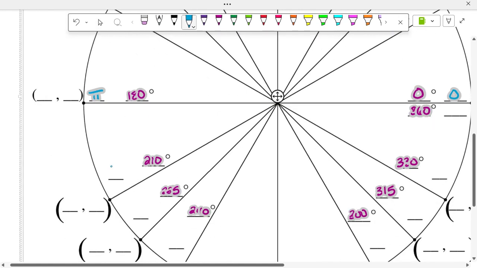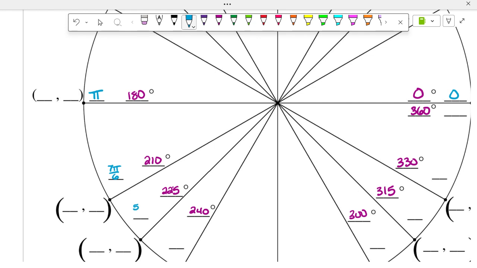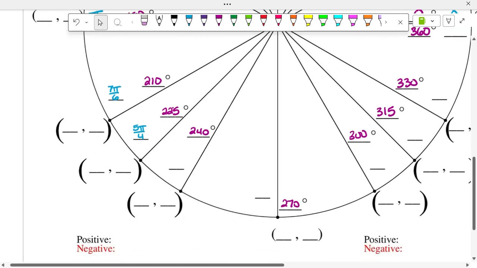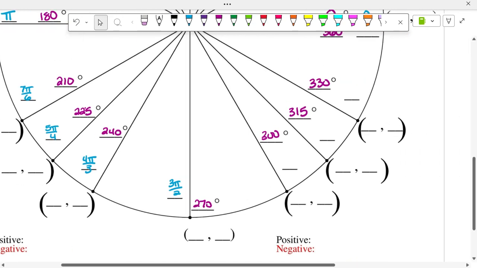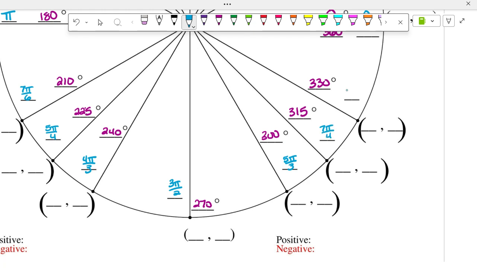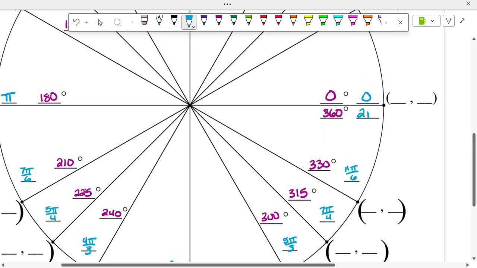Then 4 pi over 3. Then 3 pi over 2. Then finally 2 pi. And then the last part of the unit circle is the points.